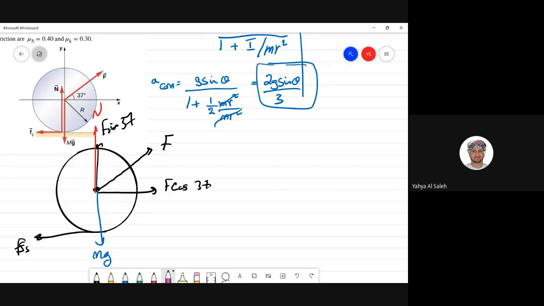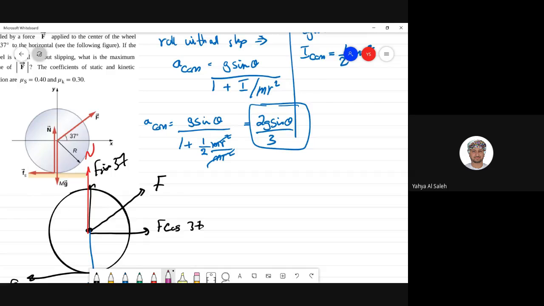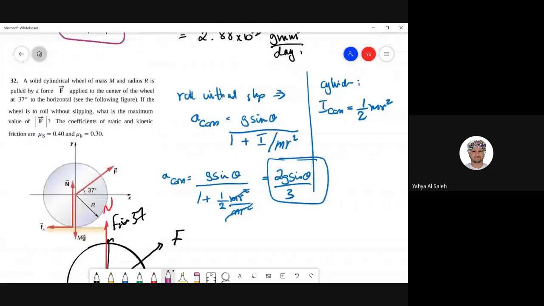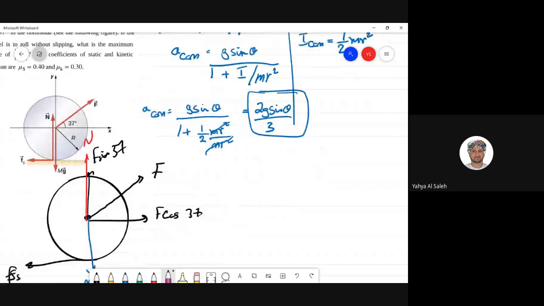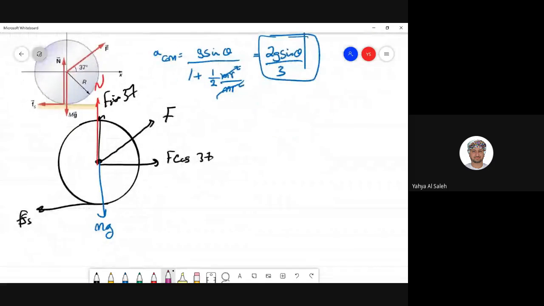So the road here is straight, our force is at an angle, which makes the problem a bit easier.